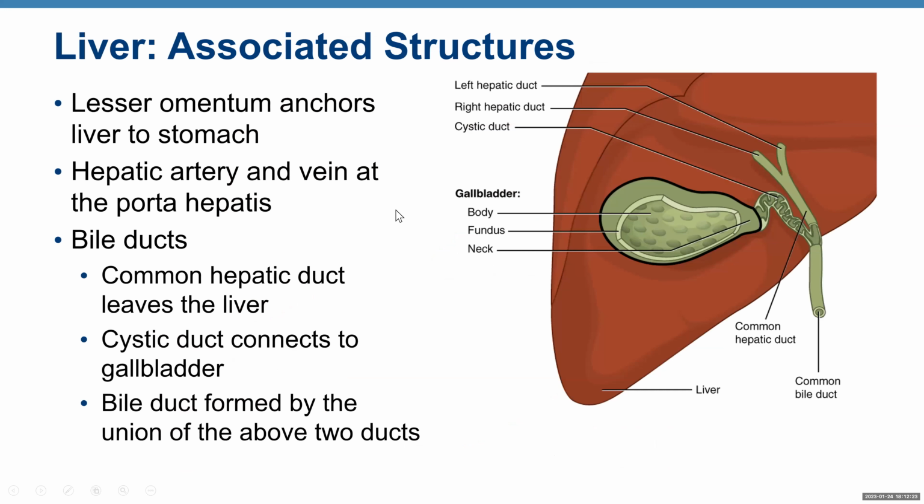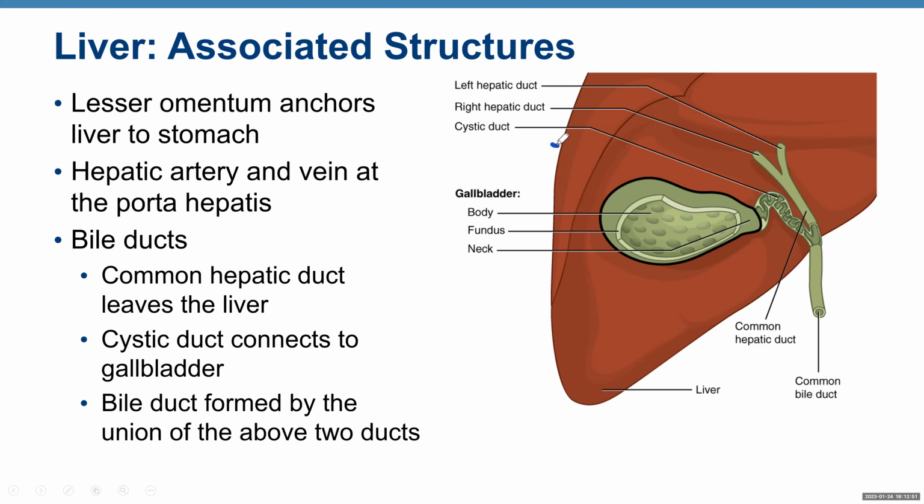So, liver-associated structures. The lesser omentum anchors the liver to the stomach. I want to remind you that the lesser omentum is attached to the lesser curvature of the stomach, and it's attached to the liver. We have the hepatic artery and hepatic vein that enter the liver at the area called the porta hepatis, and ducts.